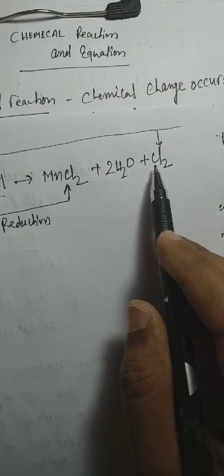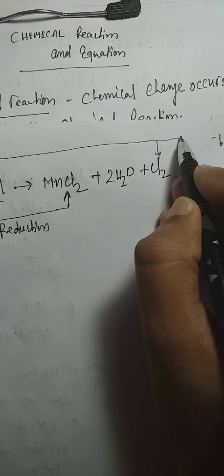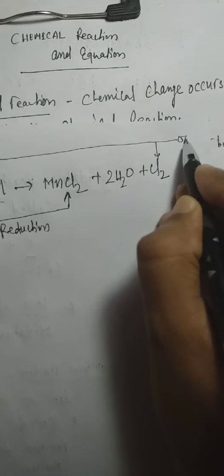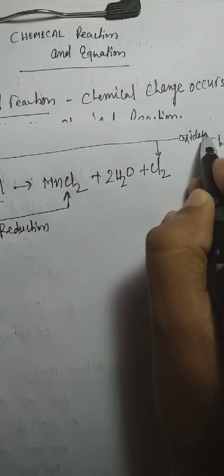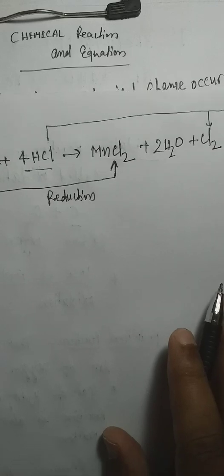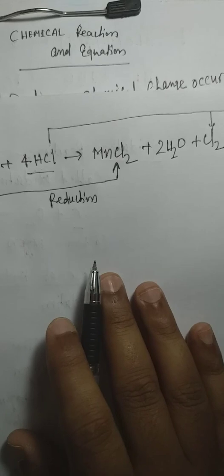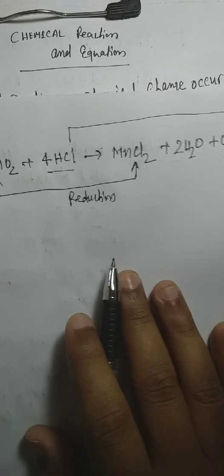It indicates that it loses its hydrogen. That's why it is called oxidation. We have already discussed under which circumstances a reaction is called oxidation and under which it is called reduction. So these are our examples of oxidation and reduction reactions.